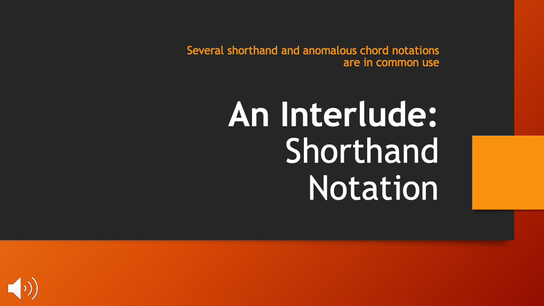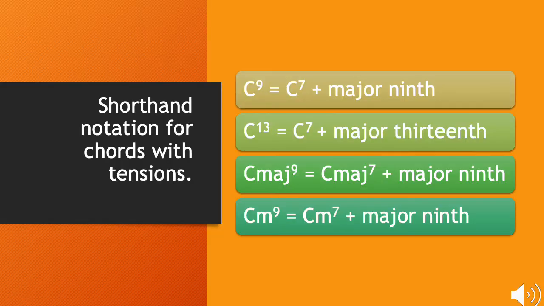We're going to take a little break and talk about shorthand notation, as several shorthand and anomalous chord notations are in common use. Sometimes a shorthand notation is used for chords with tensions. For example, C9 denotes a C7 chord with an added major ninth.